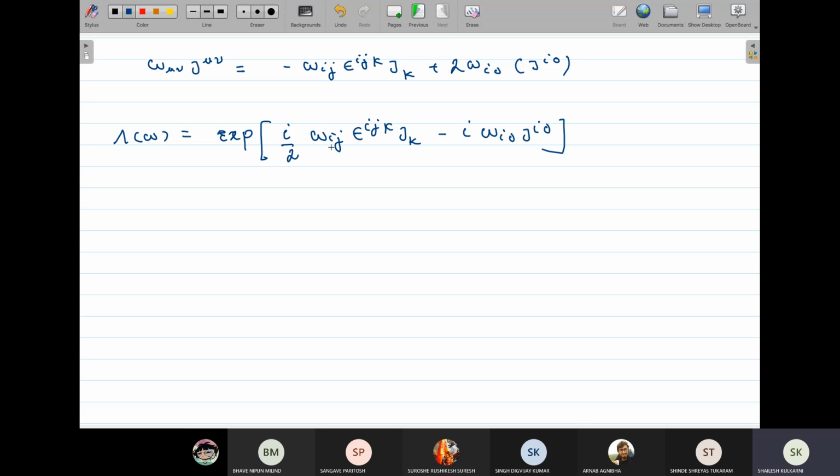Note that this omega i0 represents the ith parameter for your Lorentz transformation, and they are antisymmetric.